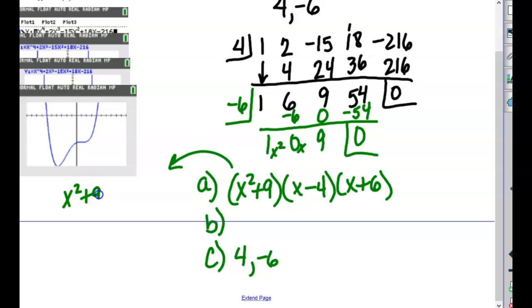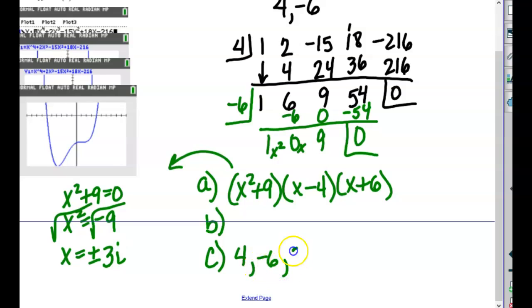If we set x squared plus 9 equal to 0, we get x squared equals negative 9. If we square root both sides, we have to remember what? Plus or minus, and the square root of 9 is 3, and the negative makes it i. So we have plus or minus 3i.